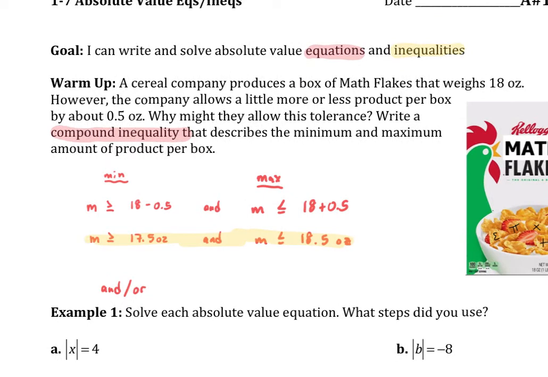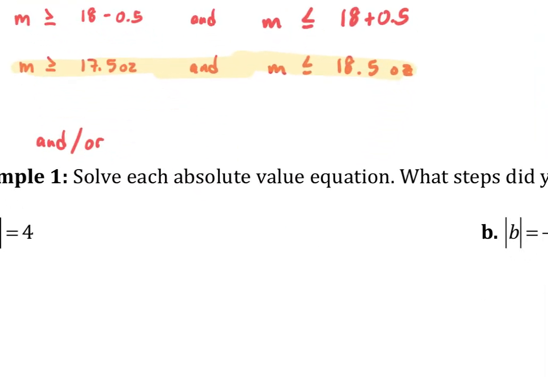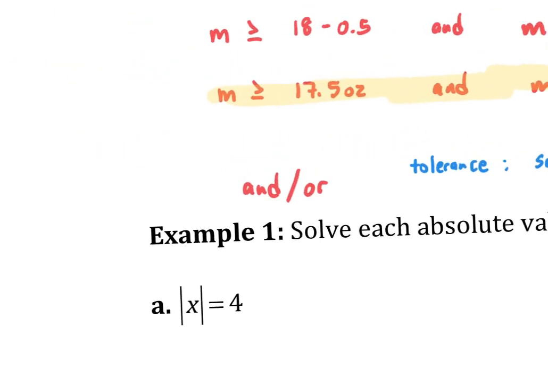So the next question is, why might a company allow tolerance? Well, tolerance permits the company to save money and time. What do I mean by that? Well, if they had to have exactly 18 ounces, what does that mean? 0.0000000000, and when does it stop, right?